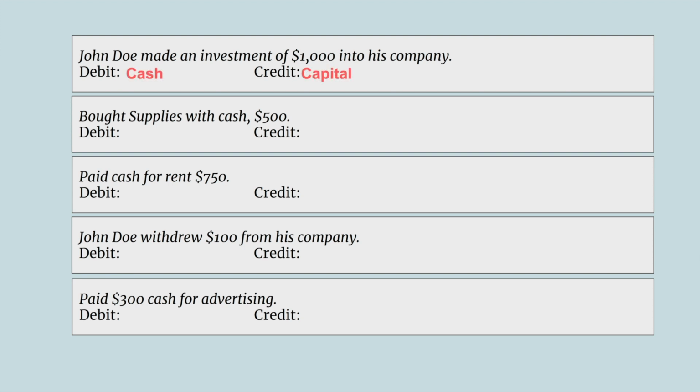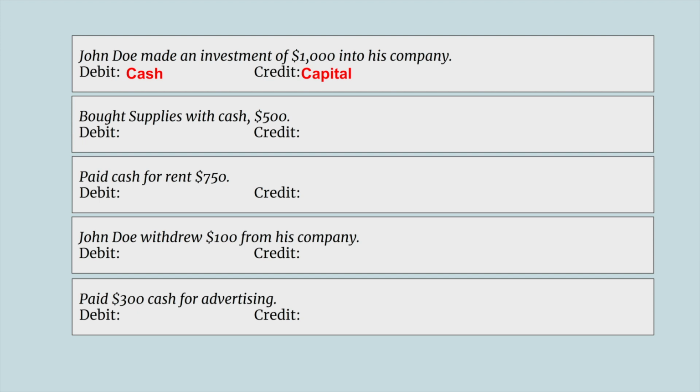Therefore, we are going to debit cash and credit capital. Our cash is increasing. We have $1,000 to work with, and our worth is also increasing, but that is a credit. This is the very first journal entry that's pretty much on every single problem, so you need to really ingrain this one into your mind.